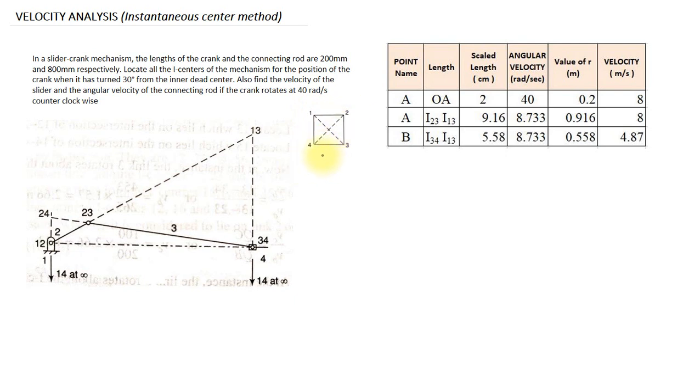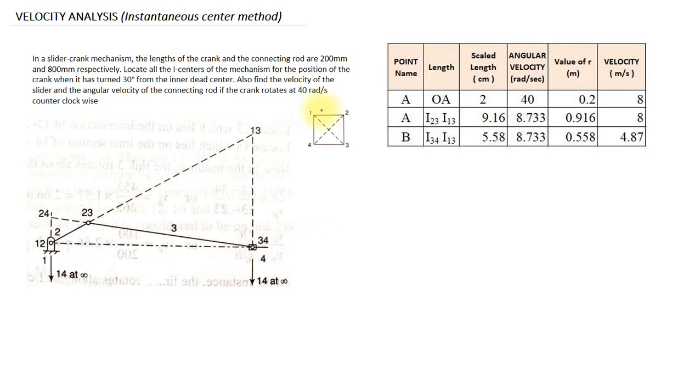These all are the 6 instantaneous centers. Next, you have to locate the instantaneous centers 1 2, 2 3, 3 4 and 4 1 or 1 4. 1 4 will be at infinity due to the sliding motion, which is assumed to be a part of a circle having infinite radius.